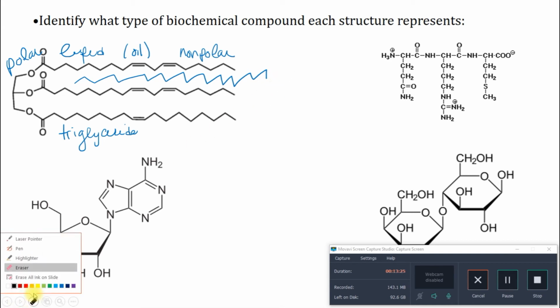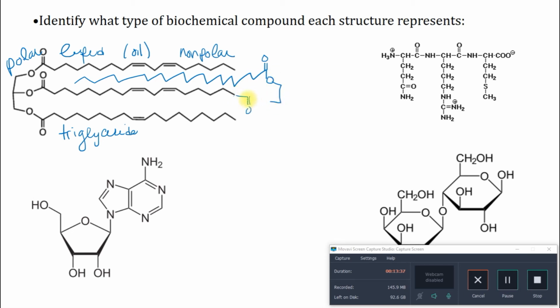So the triglyceride is made with the carbonyl right there and an O there, and then it's connected to the adjacent triglyceride, which also has a carbonyl on it and an O. And then that's connected to the next one. So you get the idea.